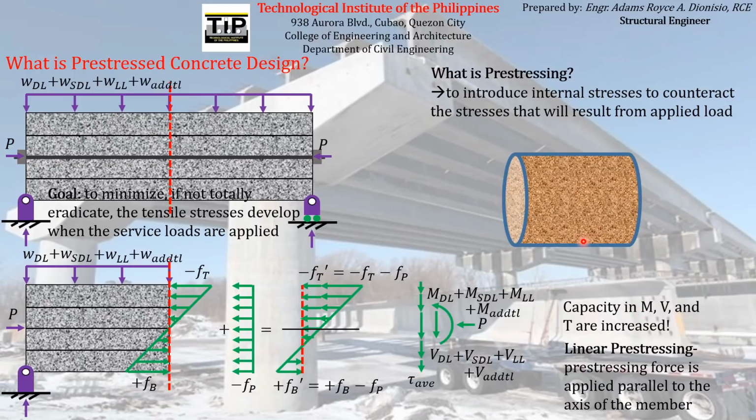Say for example, we have here a wooden stave. If you are familiar with that, it's like an old type barrel, yung composed of parang mga pira-pirasong planks. Ayan, yung mga pira-pirasong planks na yan.